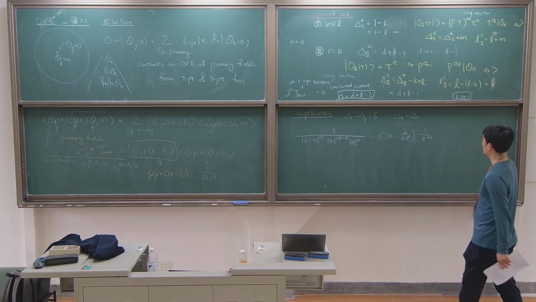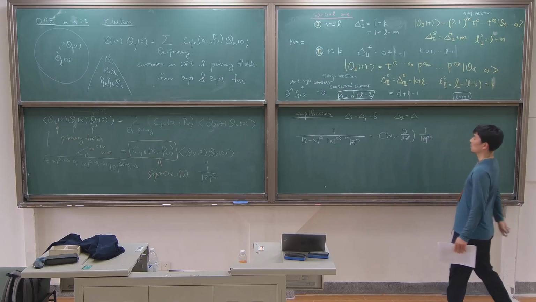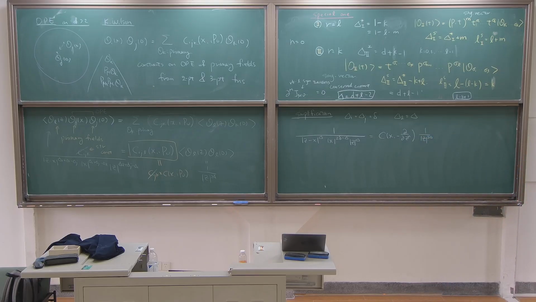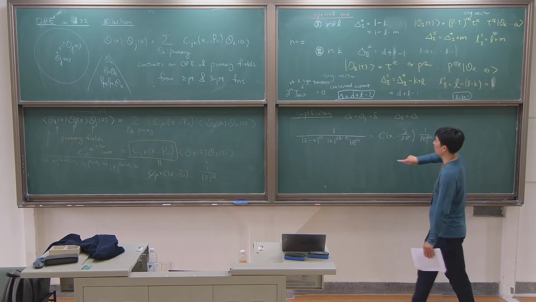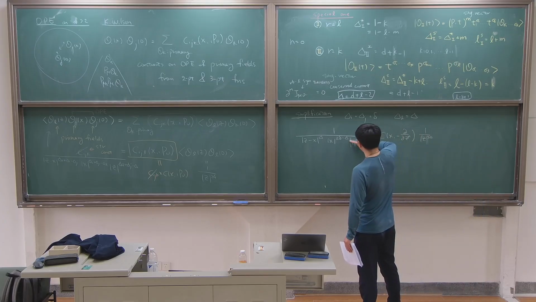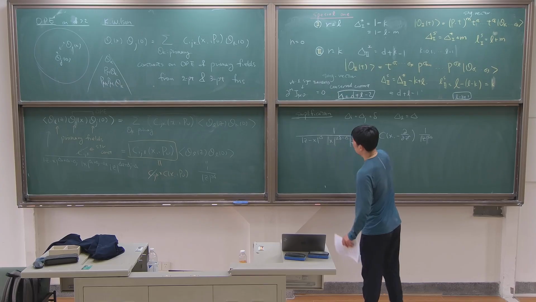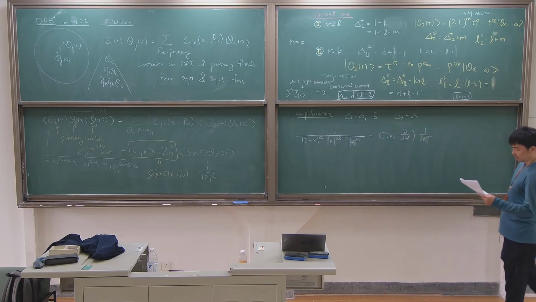And then if you substitute this one, what you get is as follows. Suppose x and z are real variables, so we can get rid of the absolute value.